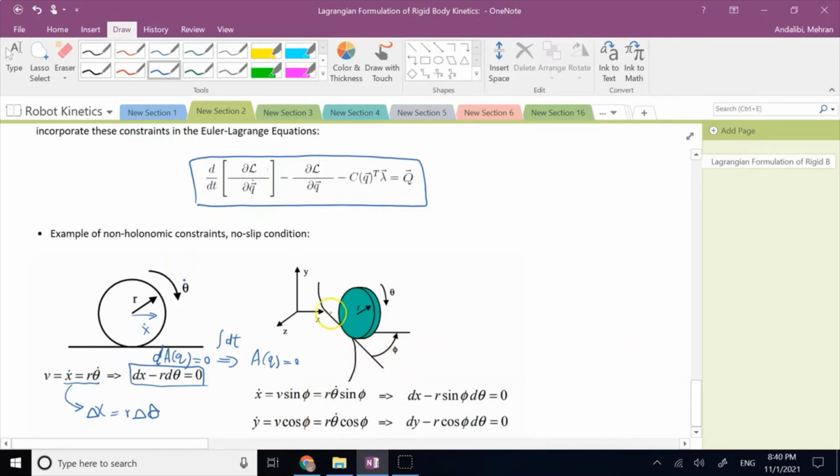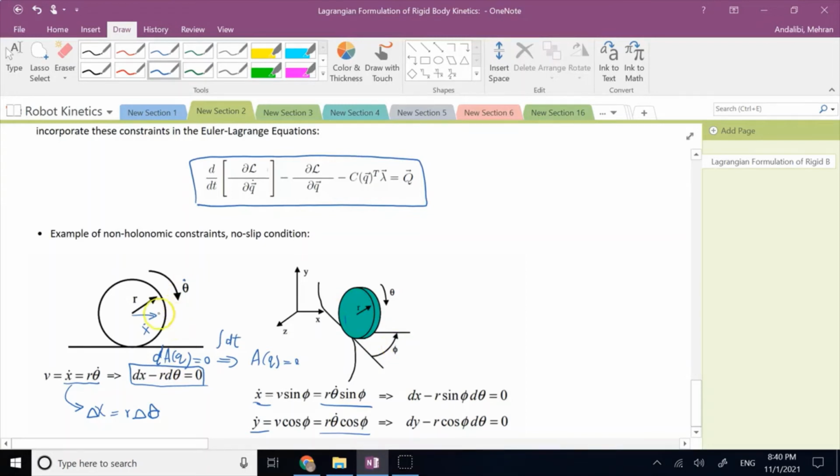So your no slipping condition along the direction of motion, if you decompose it along x and y, is going to be x dot equals r theta dot sine phi and y dot equals r theta dot times cosine phi, where theta dot again is the angular velocity of the spin, and phi dot is basically the other rotation of this disk about the vertical axis. It's like a yaw motion for an airplane, basically.